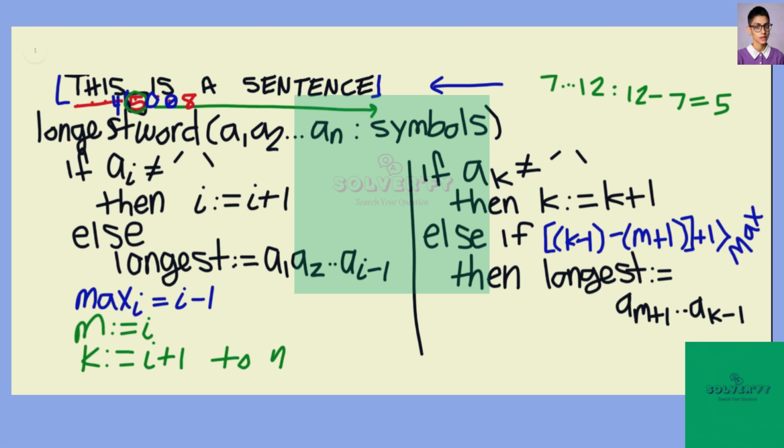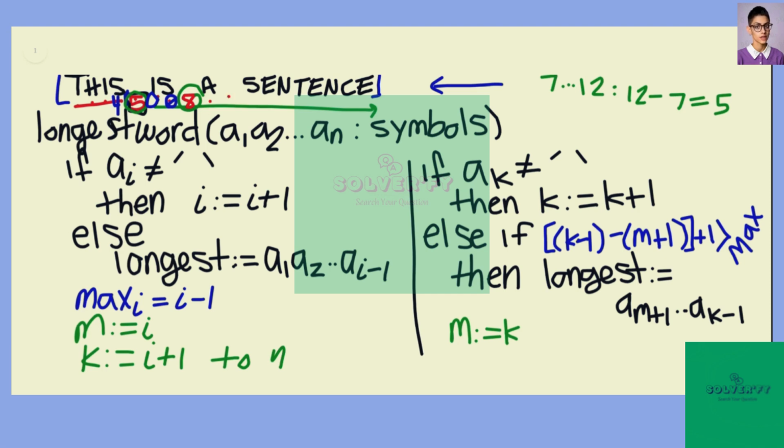And then we need to reset m equal to k. So now we've moved m up to our new k, and k is going to keep going forward, right? k is running from i plus 1 to n, so k is going to tick along to index 9, and then it'll stop again at 10.